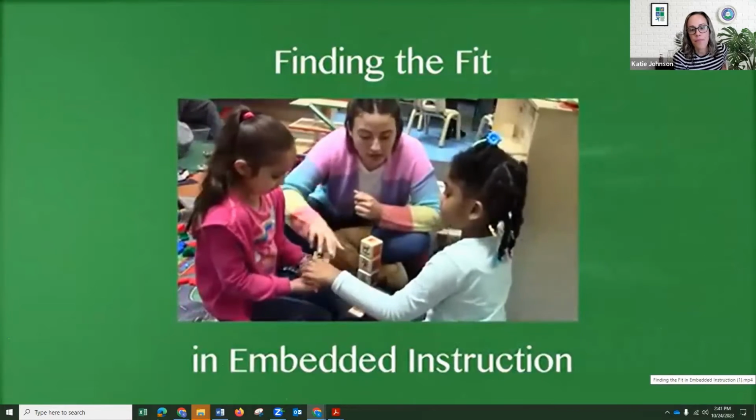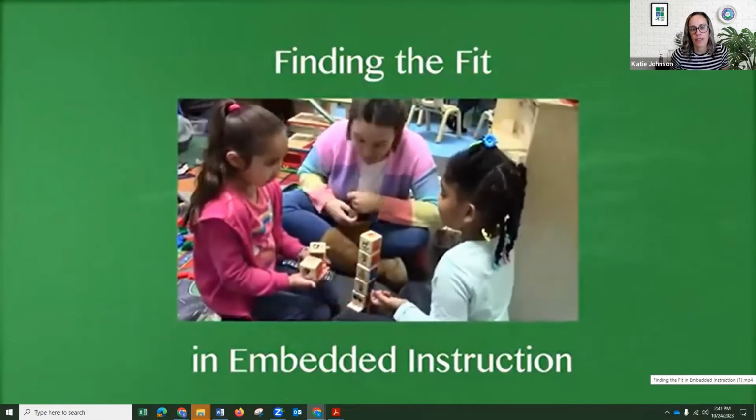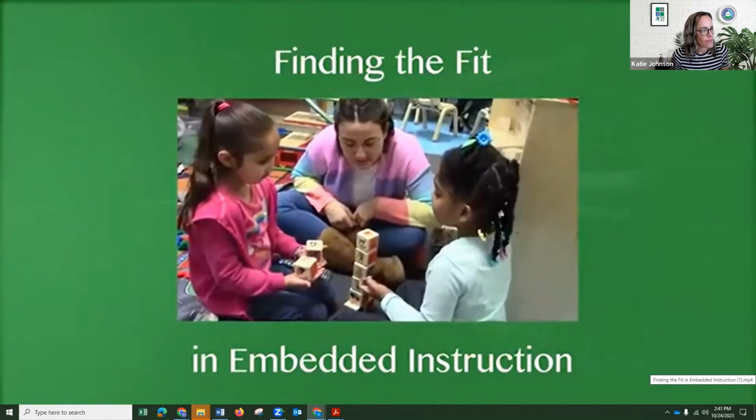When we're thinking about embedded instruction, it's really important to get this concept of fit, because that's what bridges the what to teach piece of embedded instruction with the when to teach piece of embedded instruction. And that's how we make sure that children have authentic opportunities to learn the skills that are really important.